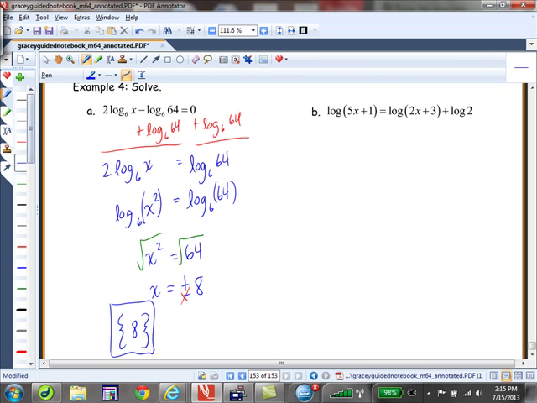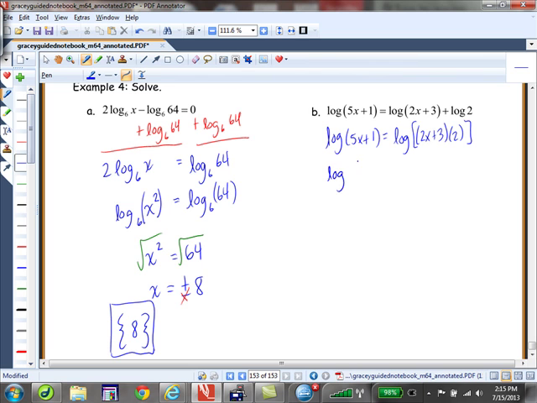Okay, and then part B, now notice that they're all common logs. They're all log base 10. So what we have going on is we've got a sum of logs on the right side that we can condense. So we're going to have log of 5x plus 1 is equal to log of 2x plus 3 times 2.